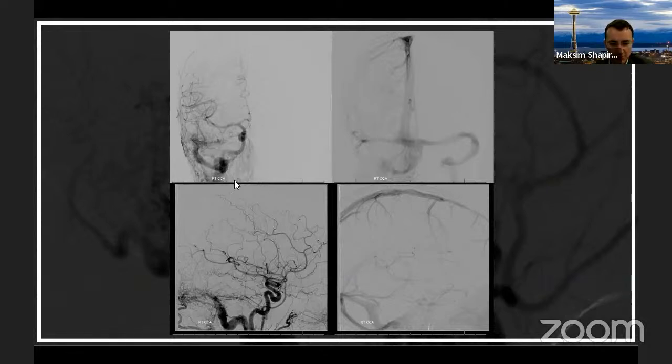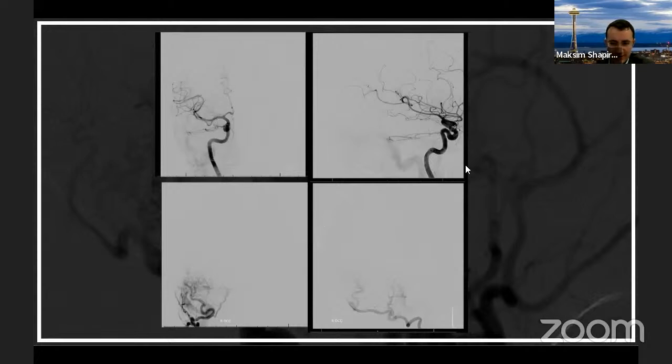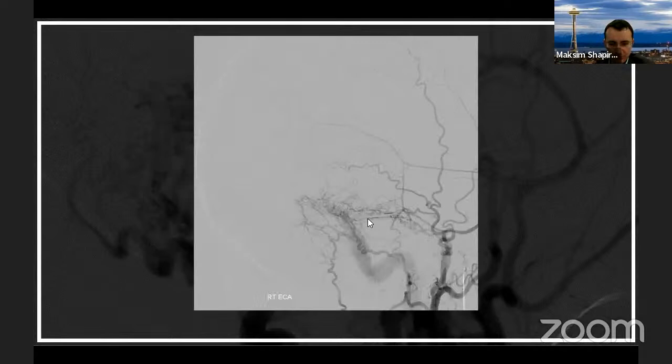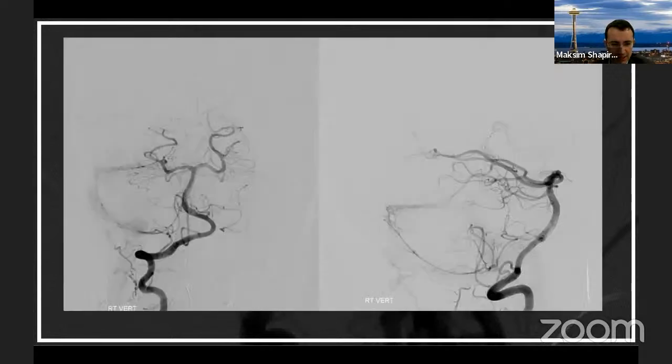So here's a sigmoid sinus fistula. We don't want to get into the details of anatomy, just a broad view of what's happening. This is a typical common injection. You see this fistula, with various contributions, lateral tentorial arcade. Here's the occipital artery, right ECA injection. Not uncommonly, there'll be some kind of PL dural anastomosis.